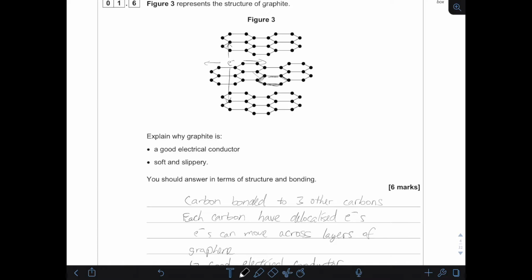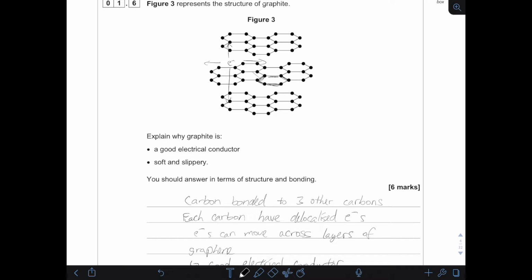But this time, these carbons do not have any vertical bond. The bonds between the layers are all van der Waals based, so they're not covalent linkages. It's all electrons.